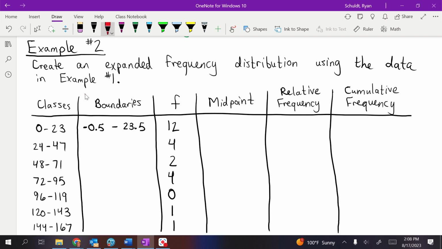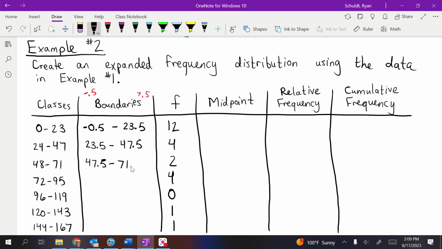I'll kind of do like a little refresher here. Minus 0.5, plus 0.5. Okay, so 24 minus 0.5 is 23.5. And then we're going to have 47.5. 48 minus 0.5 is 47.5. Are y'all seeing a pattern?